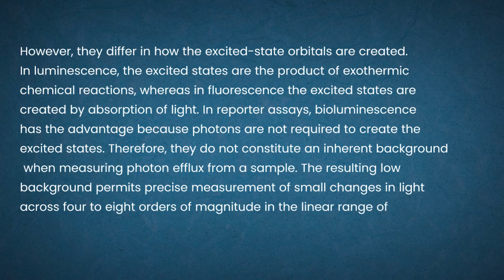That means because the background is dark, a little bit of bioluminescence can be detected, in comparison to fluorescence, where the background is also very bright. So, you cannot detect very small changes in the light in comparison to bioluminescence.